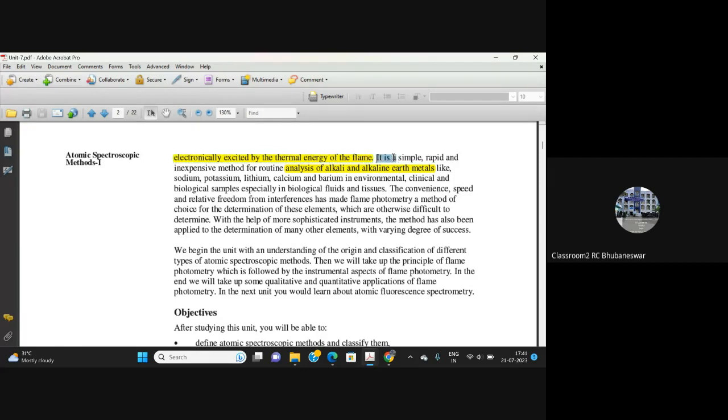Flame photometry is a simple, rapid and inexpensive method for routine analysis of alkali and alkaline earth metals.